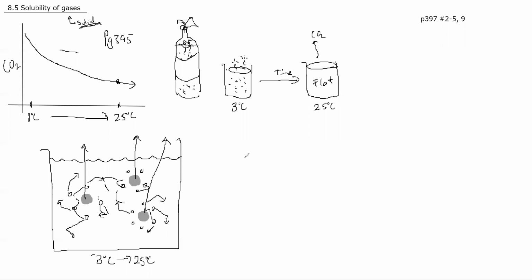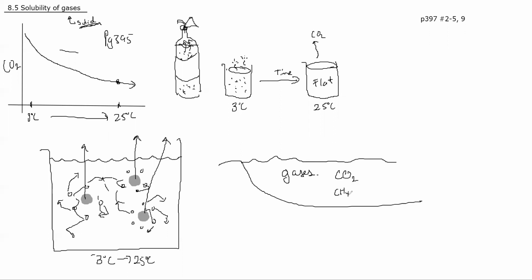This is one of the main reasons why things like climate change become really concerning. Here's an example. Let's pretend this is the ocean. The ocean, being a body of water, has lots of gases dissolved in it. One of those gases is carbon dioxide. Some of those gases could be even things like methane and a whole bunch of other things. If climate change causes the temperature of the world to increase, what happens to the body of water in the ocean? Well, it evaporates. Even before the evaporation, though, the water molecules begin to move like crazy.